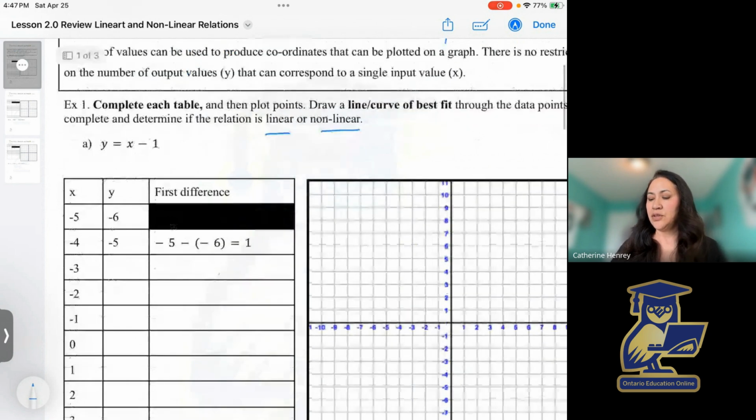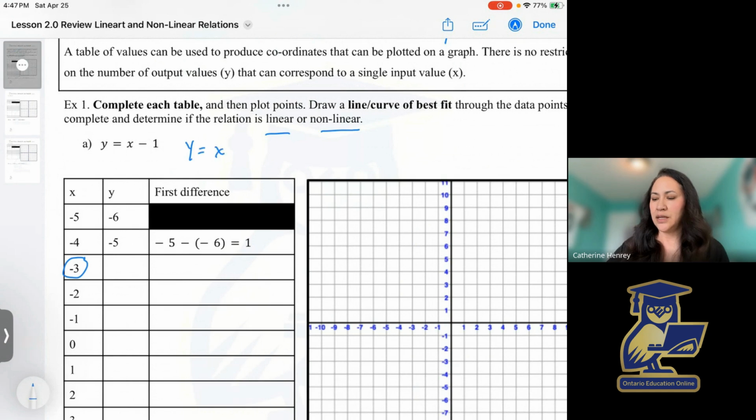So if we use our table of values, for example, for -3, we will take our relation x minus 1, and we will sub in -3 minus 1, and we'll get -4. We do that all the way down the line for all of the x values, and we see what y values come out.